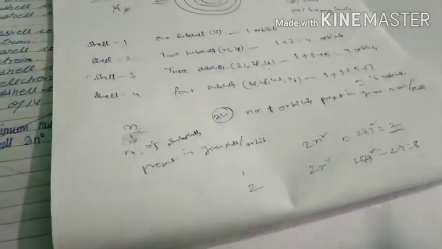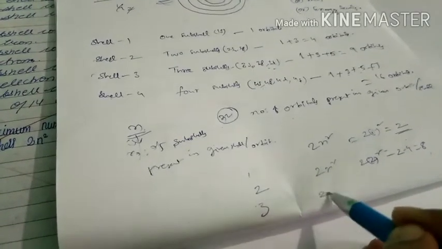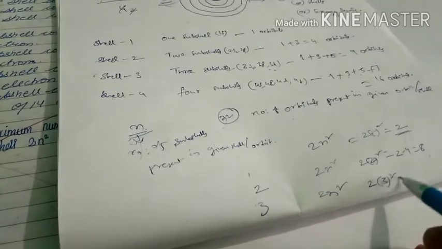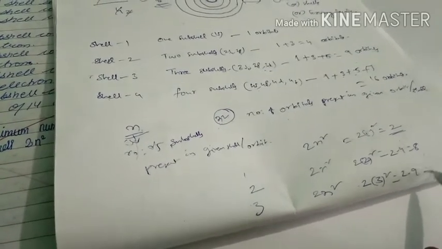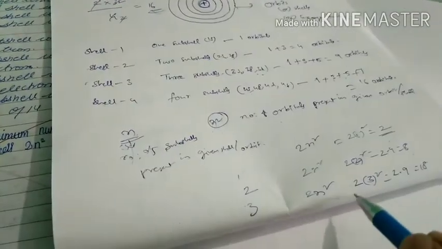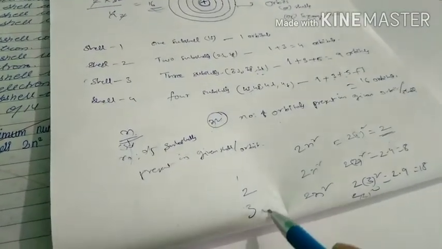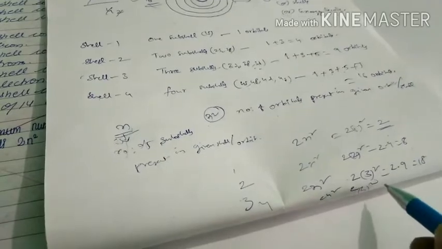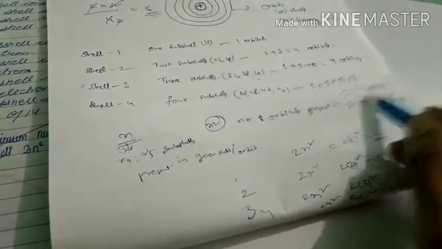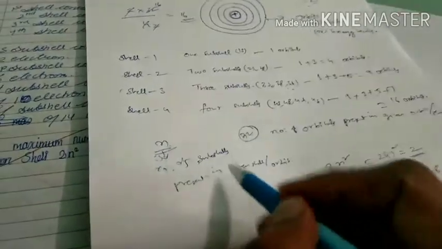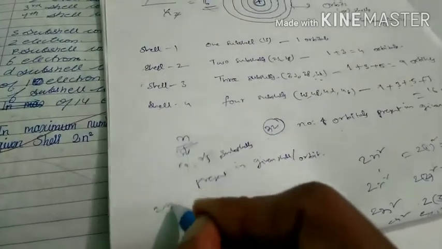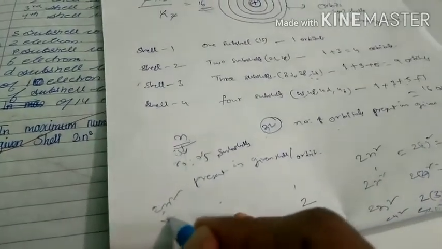4 2's are 8. In the third shell, again formula 2n square, 2 into 3 square, that means 2 into 9, that means 18. In the fourth shell, same formula, 2n square, 2 into 4 square, 2 into 16, that means 32, because it contains 16 orbitals. So here 2n square indicates what?